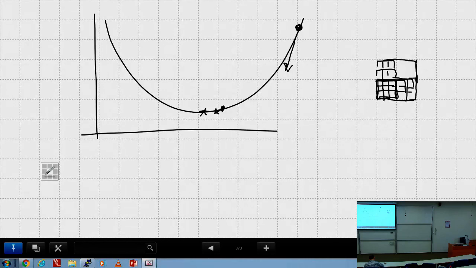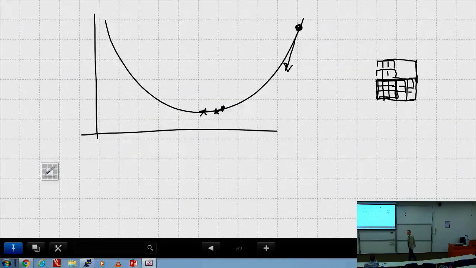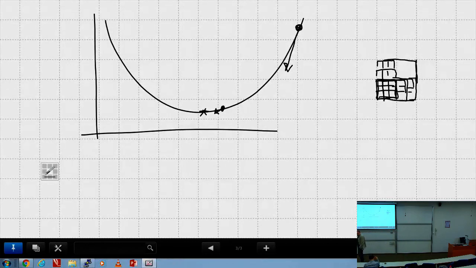Is there any difference from a representational point of view? Is there something that this triple layer small filter architecture can represent that the 7 by 7 cannot represent? Well, 7 by 7 convolution is a linear operation, right? It just multiplies the pixels with some numbers and adds them up.